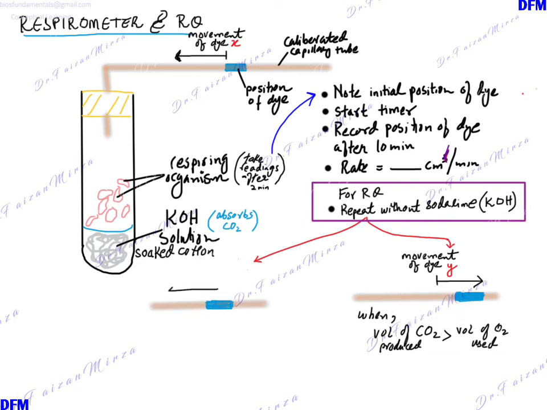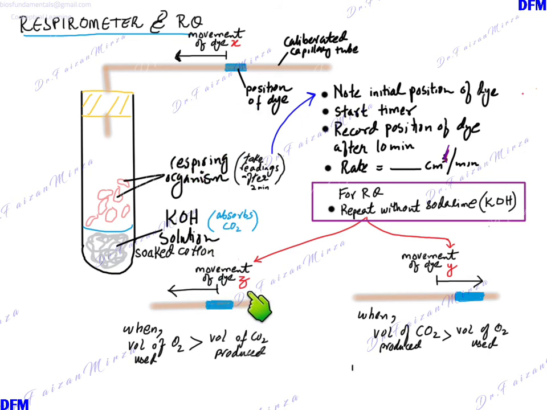The other case could be that the dye starts to move inwards in the same direction as it was moving in X. This time it is moving in the same direction as X. I call it Z. If it is moving in direction Z, it means more oxygen is being used than carbon dioxide being produced. So less carbon dioxide gas is pushing the dye away, and more oxygen use is causing the dye to move inwards.